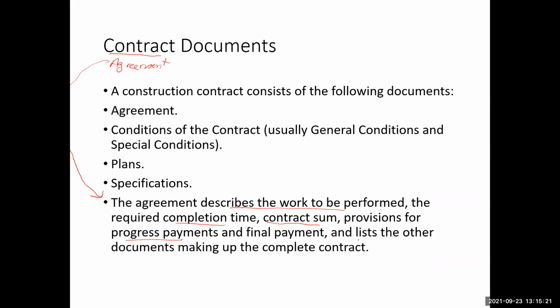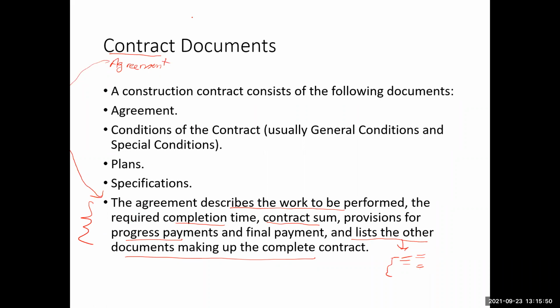And most importantly, it lists the other documents making up the complete contract. So the agreement must list that these are the drawings, these are the specifications which are included in the contract. Okay, so agreement is a kind of main governing document for the overall description of the project.